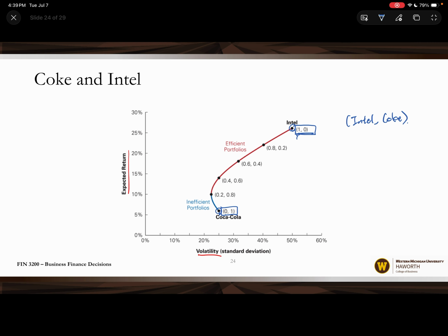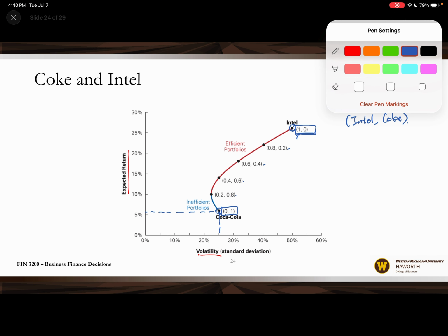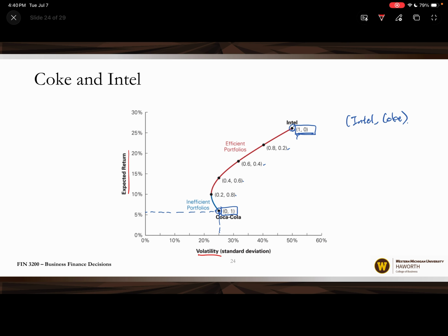And we have different allocations here, here, here, and here. For each portfolio, we have the corresponding risk and expected returns, just like before.